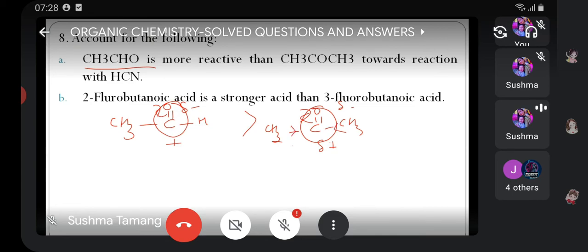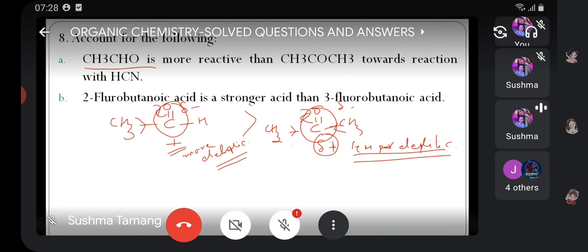But here the presence of two electron donating groups. So तिम्रो दुईटै इलेक्ट्रोन डोनेटिङ ग्रुपले यो जुन चाहिँ पोजिटिभ चार्जलाई के गर्छ? लेस पोजिटिभ बनाइदिन्छ अर्थात् लेस इलेक्ट्रोफिलिक बनाइदिन्छ. बुझ्यो? सो तिमीले इलेक्ट्रोन दिँदाखेरि पोजिटिभ चार्ज के हुन्छ? न्यूट्रल हुन्छ. अलिकति न्यूट्रलाइज हुँदै हुँदै जान्छ. सो यता जुन चाहिँ तिम्रो पोजिटिभ नेचर छ अफ कार्बन के हुन्छ? लेस इलेक्ट्रोफिलिक. तर यहाँ कतिवटा मात्रै इलेक्ट्रोन डोनेटिङ ग्रुप छ? एउटै मात्रै छ. सो त्यसले गर्दा दिस इज लाइक मोर इलेक्ट्रोफिलिक सेन्टर नेचर भयो. सो दिस कार्बन इज मोर इलेक्ट्रोफिलिक देन दिस कार्बन.